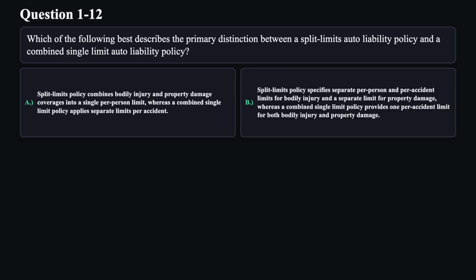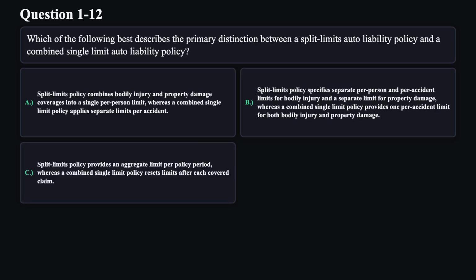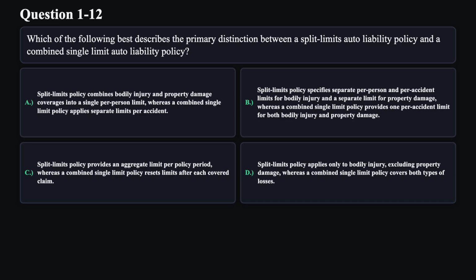B. Split limits policy specifies separate per person and per accident limits for bodily injury and a separate limit for property damage, whereas a combined single limit policy provides one per accident limit for both bodily injury and property damage. C. Split limits policy provides an aggregate limit per policy period, whereas a combined single limit policy resets limits after each covered claim. D. Split limits policy applies only to bodily injury, excluding property damage, whereas a combined single limit policy covers both types of losses.